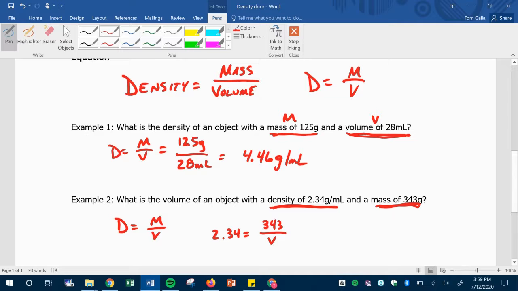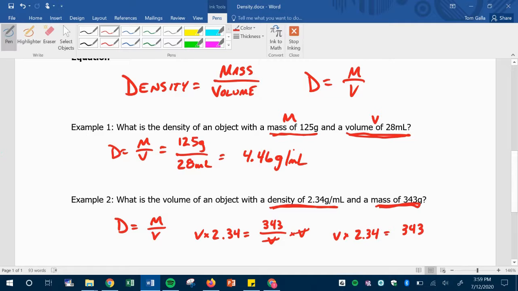Now, anytime you have a number that's on the bottom of a fraction, like 343 over v, you should always multiply both sides by what's on the bottom of that fraction. So multiply both sides by v, instead of trying to move the 343 to the other side. Now, by doing that, our v's cancel on the right side, and that leaves us with v times 2.34 is equal to 343.